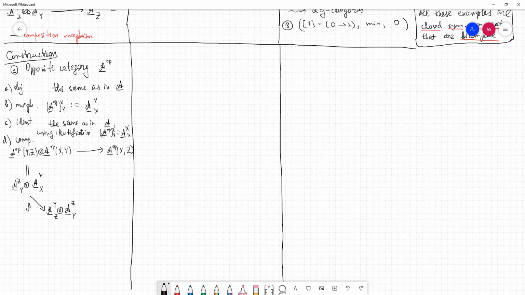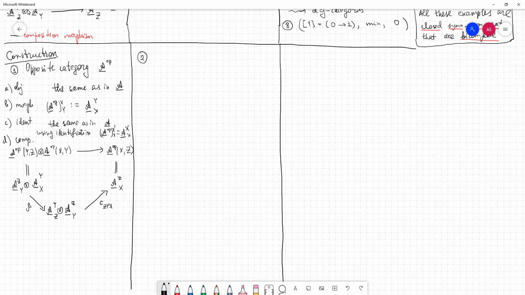And then using the composition, component-wise, Z, Y, X, we get an object from Z to X. But this is precisely the object of morphisms in the opposite category from X to Z. So composition in the opposite category is twisted by braiding. That's it.